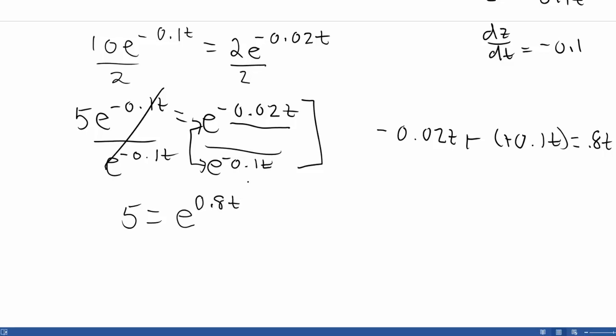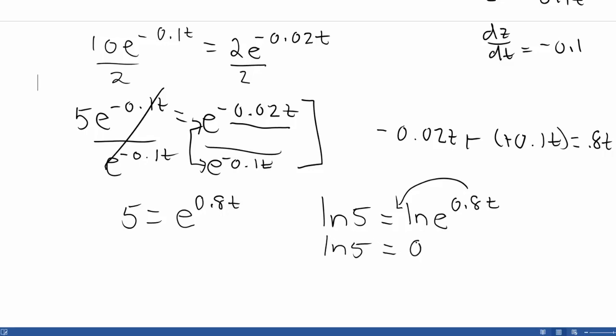So I needed to use this algebra fact in order to simplify this enough where it's now at the point where I can use natural logs. So here, if I take the natural log of one side, I have to take the natural log of both sides. So the natural log of 5 equals the natural log of e to the 0.8t. Again, one of my natural log rules is if you take the natural log of something raised to a power, you can bring that power out front. So I'm going to rewrite this as 0.8t times the natural log of e.